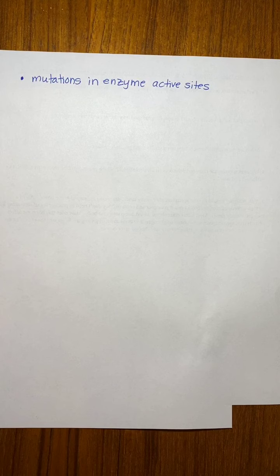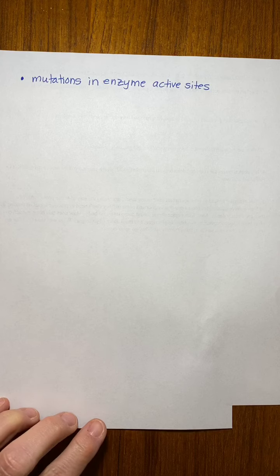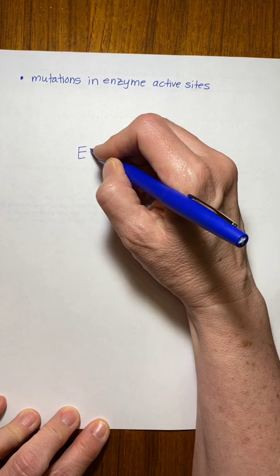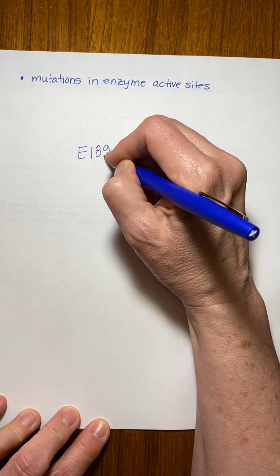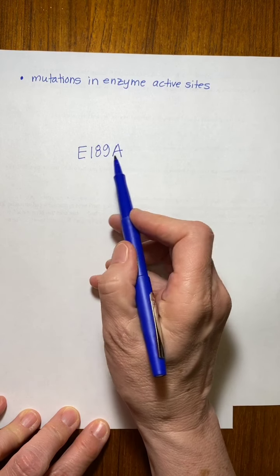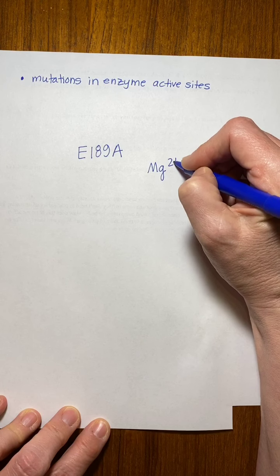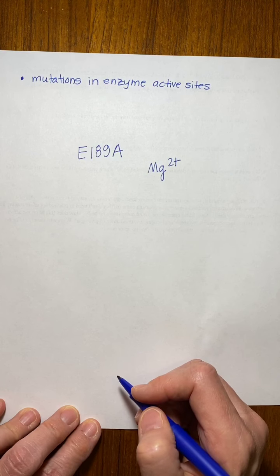The last topic is mutations in enzyme active sites. I took this topic from a particular homework problem in the SmartWork 5 electronic homework for chapter 11. In that problem, there was a mutation in an enzyme at position 189 from E to A. This particular enzyme had an active site magnesium ion that had to be there for activity.